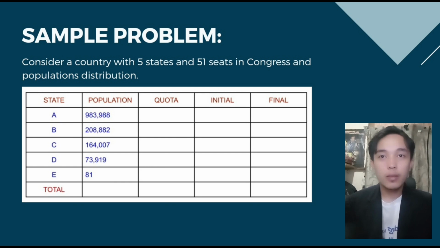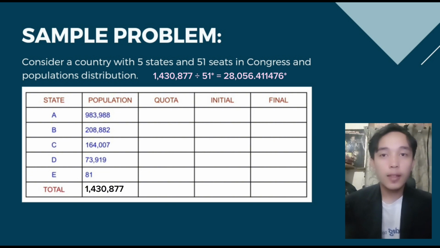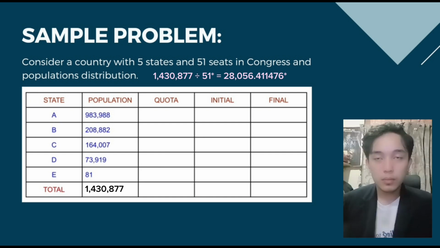Let's take the sum of the population from all the states, which is 1,430,877, and divide it by the total number of seats in Congress, which is 51. The standard divisor is 28,056.